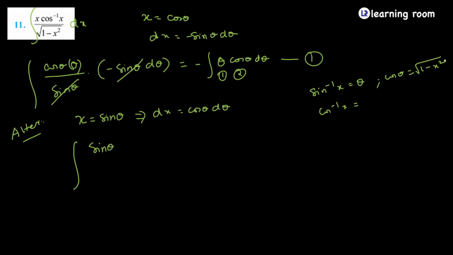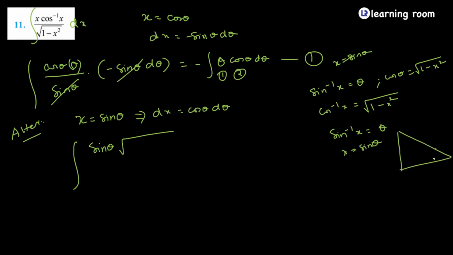So if sin inverse x is equal to theta, then x is equal to sin theta. Then what will cos inverse of x be? Make sense? So sin theta into, look at the way I'm handling the problem, cos inverse x. So sin inverse x, I put it as theta, then x is equal to sin theta.